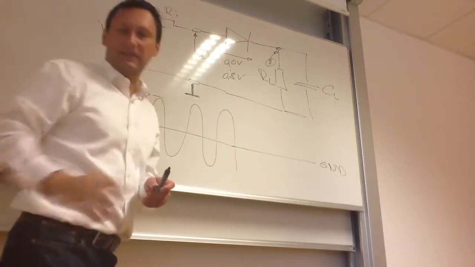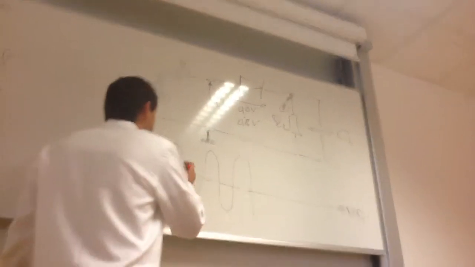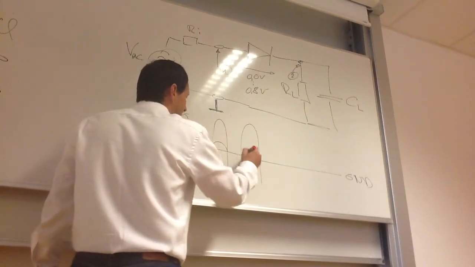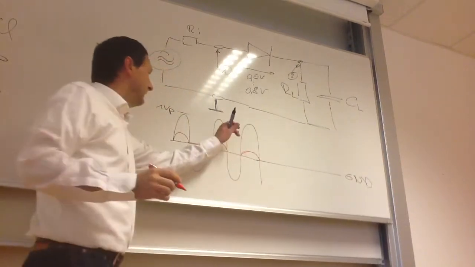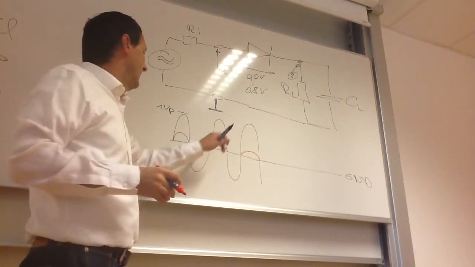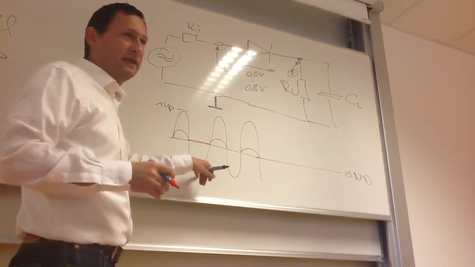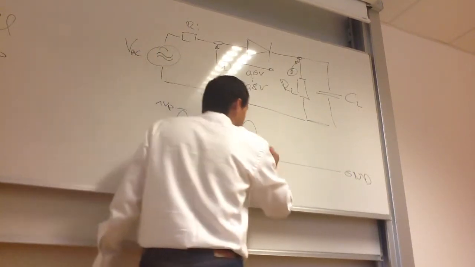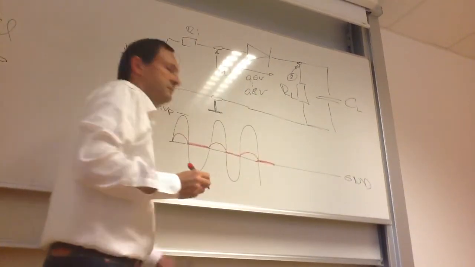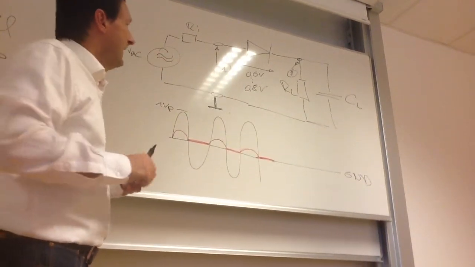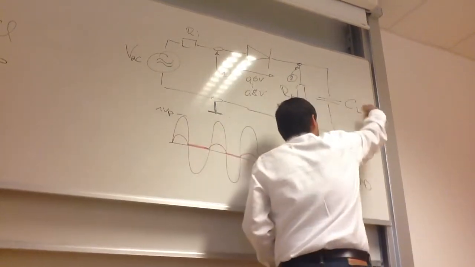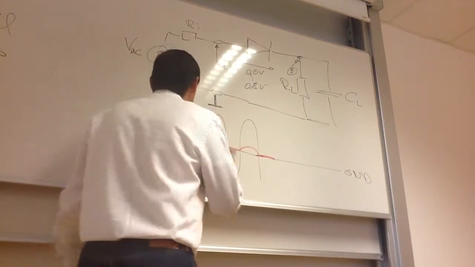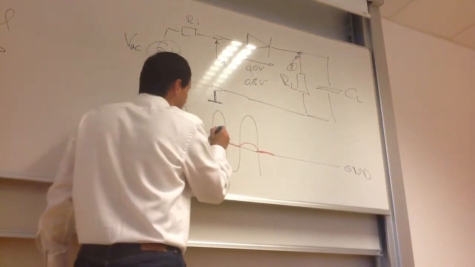So what we are seeing is something like that, small peaks during the conduction, and in the negative direction we don't have any current flow, so we see voltage 0. And if we also implement the capacitor here, then this will sum up to something like that.